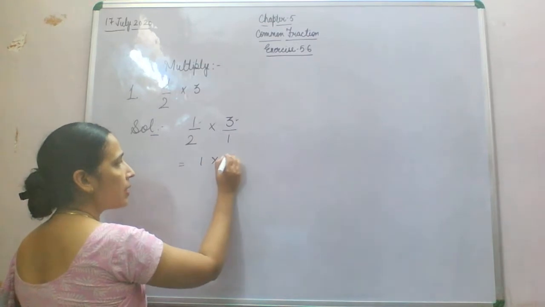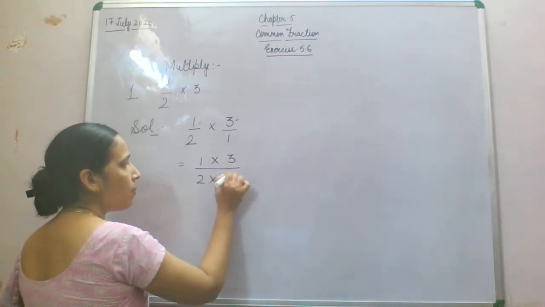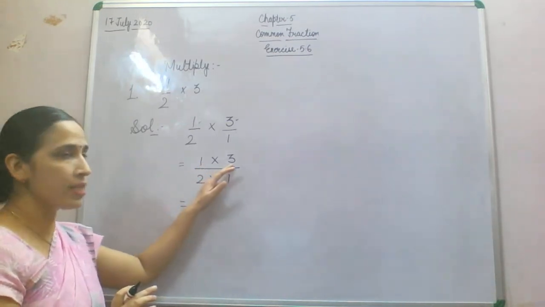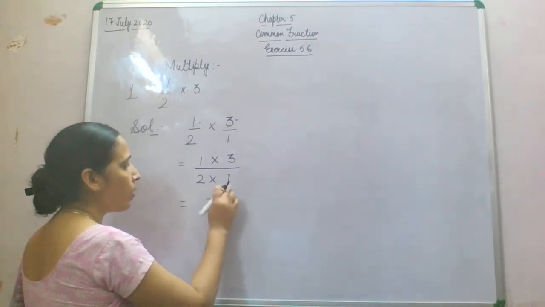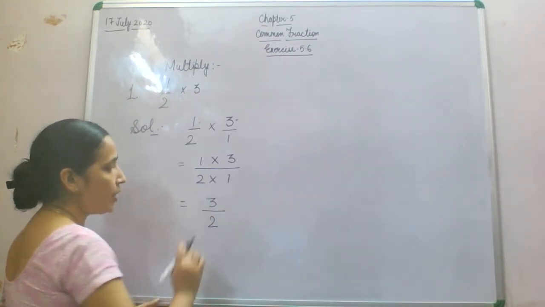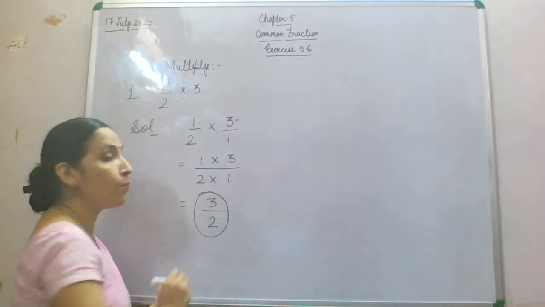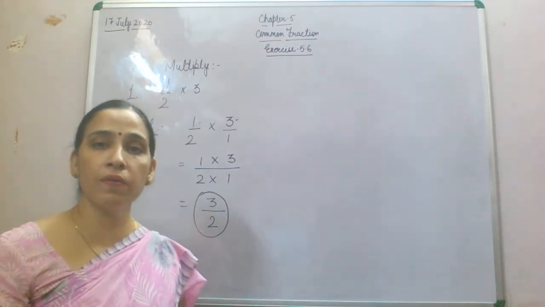So 1 will be multiplied by 3, and 2 will be multiplied by 1. What will you get? 1 3s or 3 1s, that will be 3, and 2 1s are 2. Now here you can see that 3 by 2 is an improper fraction.